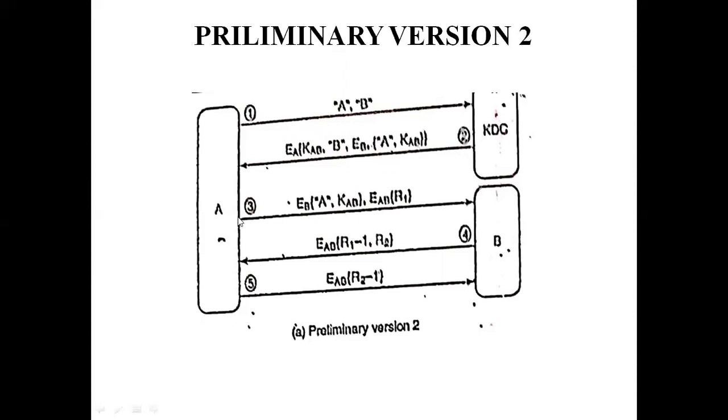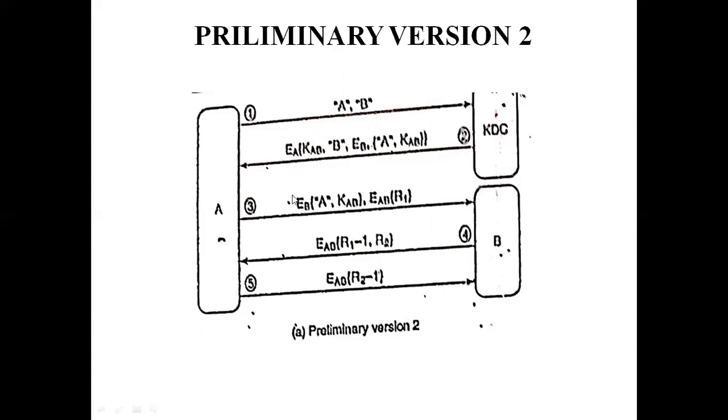After A receives and decrypts message 2, A checks whether B's identity is contained inside the message.